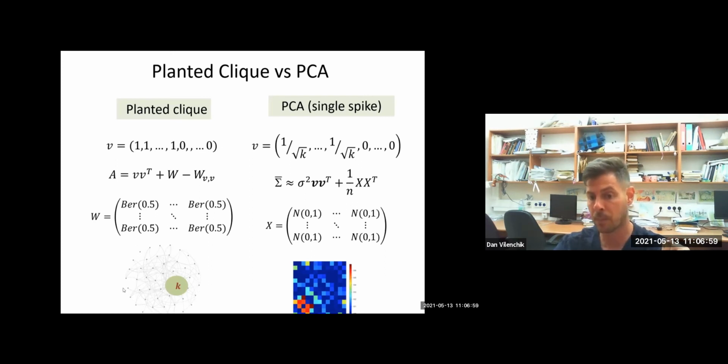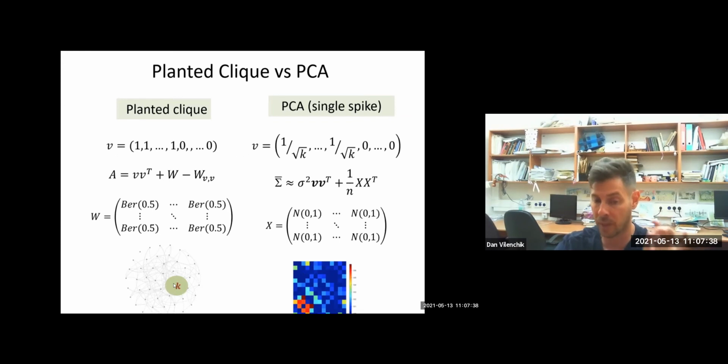In the planted clique model, you have a random graph, Erdos-Renyi G(n, 1/2), and inside it you plant a clique of size K. That would be the spike, the coordinates of the clique, very similar to the coordinates of the features. That would be the adjacency matrix in the planted clique model. So you have the Bernoulli 0-1 matrix, and then you have the rank 1 matrix, the clique. In our case, instead of Bernoulli, we have a Wishart distribution, and then we add the spike, the rank 1 matrix, to that. So the problems are very similar.